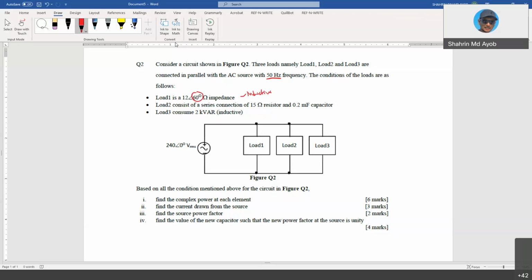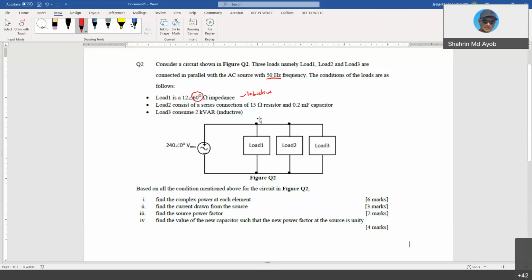And then you have the second load here, which is given R and capacitor. So you need to convert into its equivalent reactance value. Okay. And load 3 only consumes Q. Okay, positive Q. There is no P. Okay.